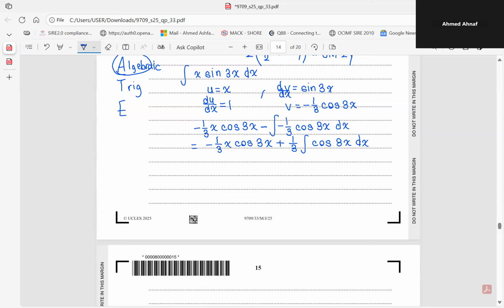Integrating cosine 3x, you will just get 1 over 3, since the derivative of 3x is 3, so you divide by that, and sine 3x, since cosine integrated is sine. And then the final answer will be 1/3 times 1/3, that's 1 over 9 sine 3x, minus 1/3 x cosine 3x.